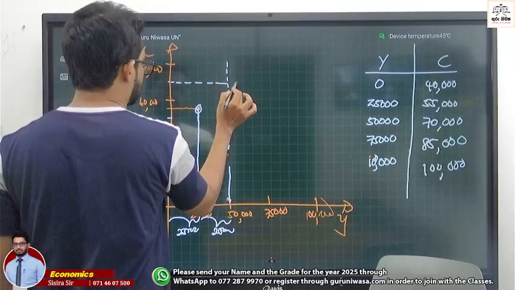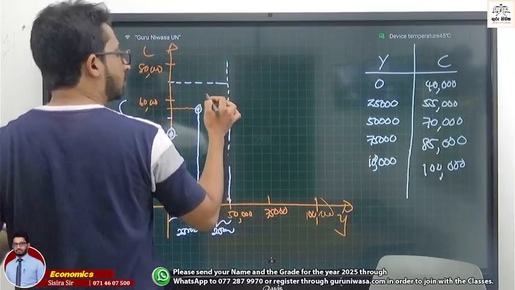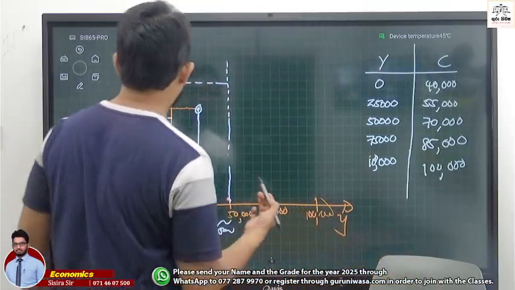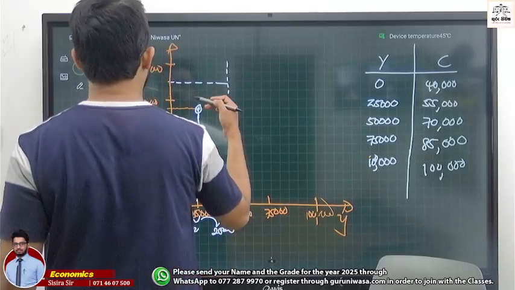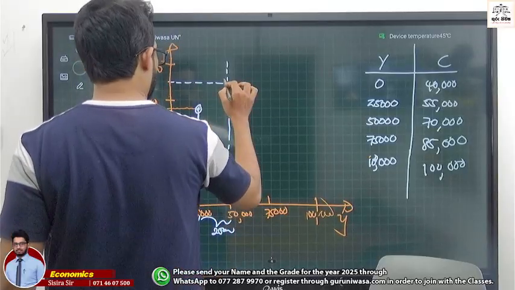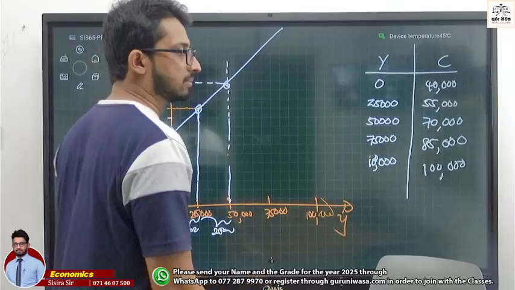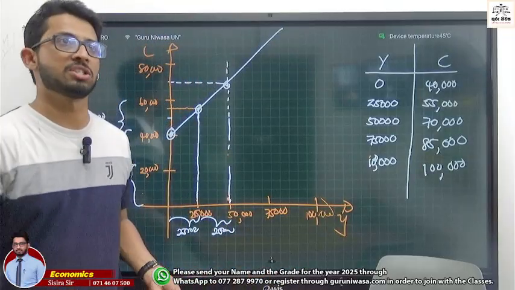Like this. 70,000. The graph will be like this. It's a straight line. This is called the consumption curve.